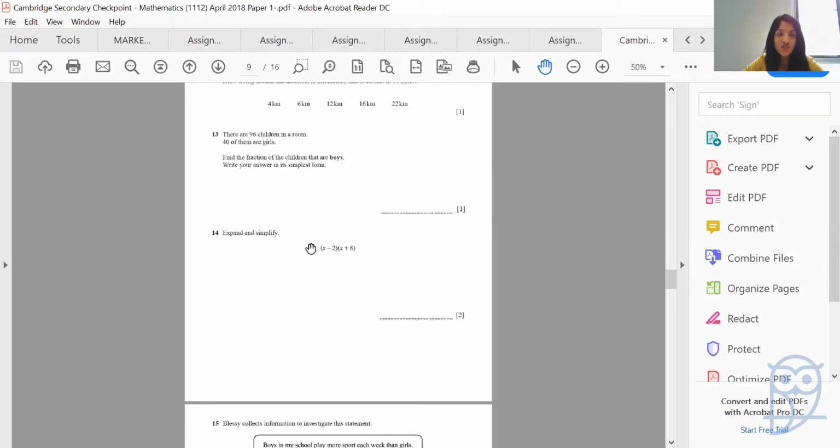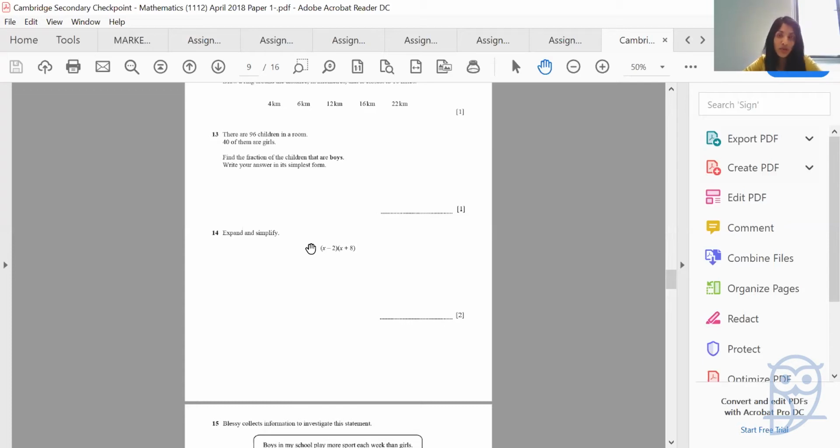Firstly, we're going to say 96 minus 40, because they say 40 of it is girls. There are 96 kids in total, 40 of them are girls. We need to know what fraction are boys. So we're going to say 96 subtract 40, which will give us 56.